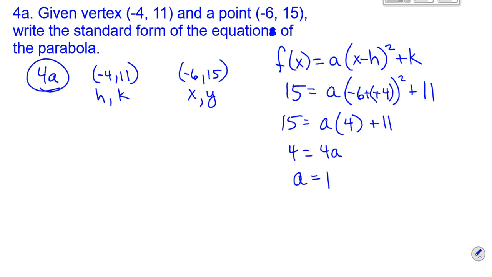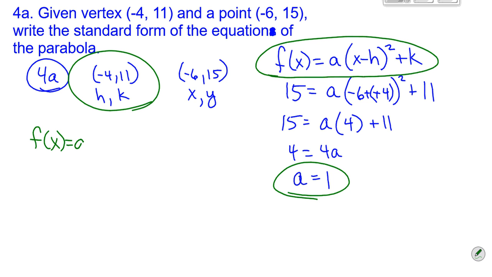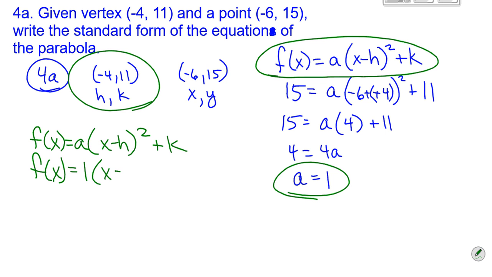So now I just reflect back. I've got my general form, I've got that a is 1 in this case, and I've got h and k. So I can write the standard form of the equation. f(x) equals a times (x minus h) squared plus k, and so f(x) is 1 times (x minus -4) squared plus 11.